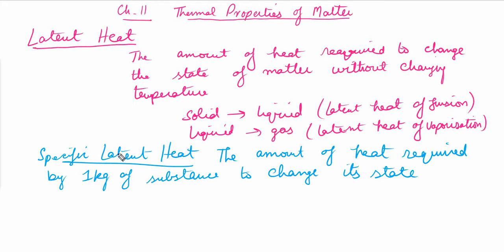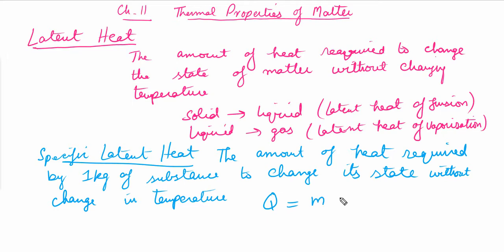And the thermal energy formula for the latent heat, okay, I have to mention one more thing over here. 1 kilogram of substance to change its state without changing the temperature, without change in temperature. Okay, and the formula is Q = mL, where L represents the specific latent heat.